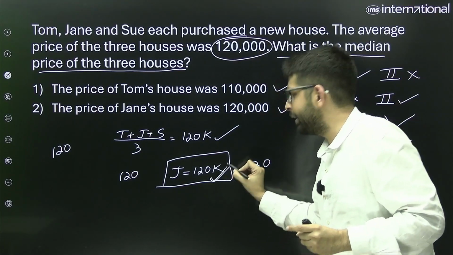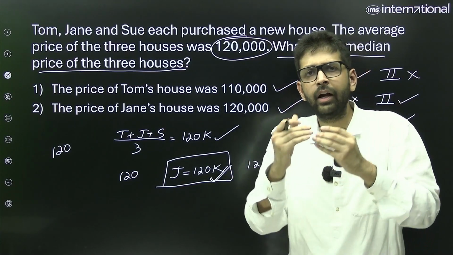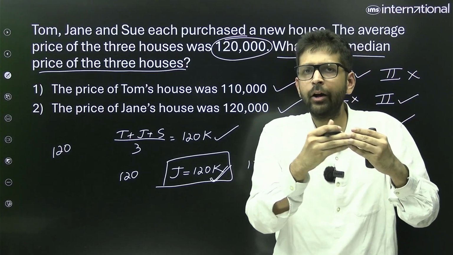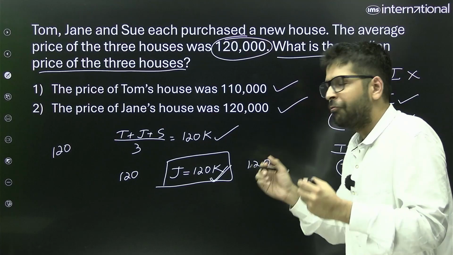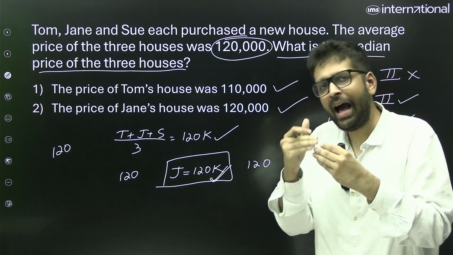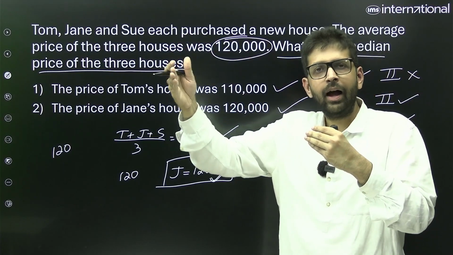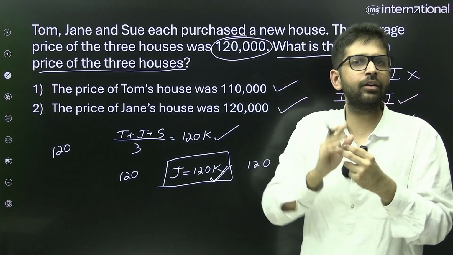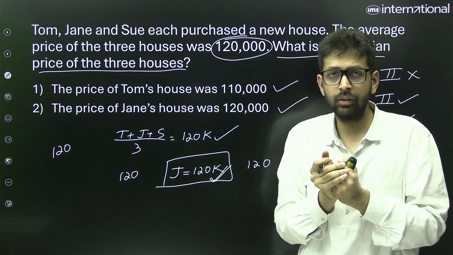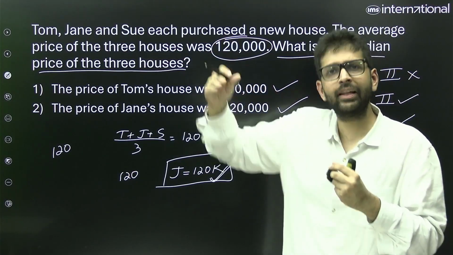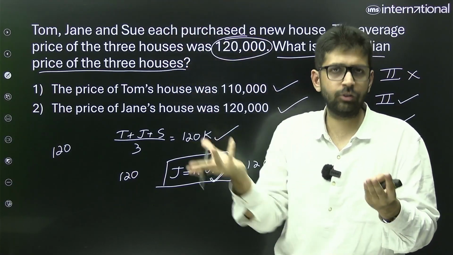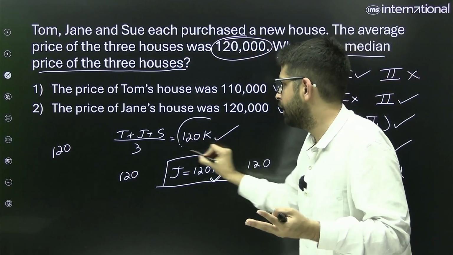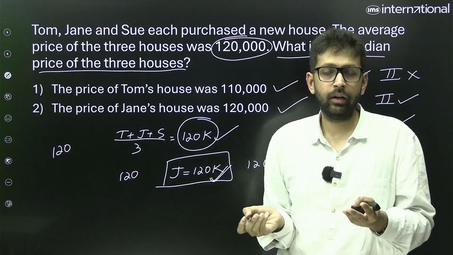If one quantity is 120, the remaining two quantities are not supposed to be 120 because they're supposed to be different, right? So one of the quantities has to be more than 120 and the third quantity has to be less than 120, because if both the quantities are more than 120, my average would be more than 120, which is not the case because our common data states that the average has to be 120.